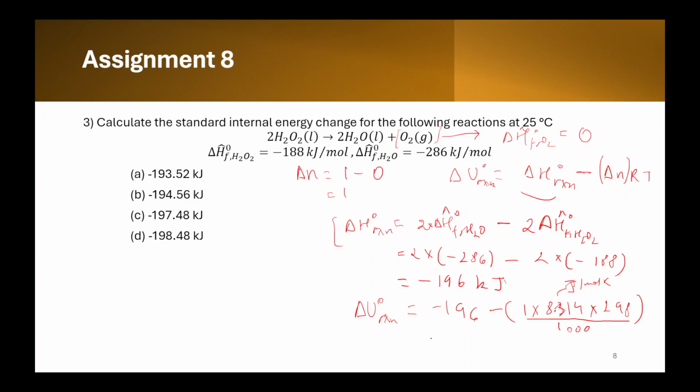The answer comes out to be minus 198.477, which is equal to minus 198.48 kilojoules. So the correct answer is B part.